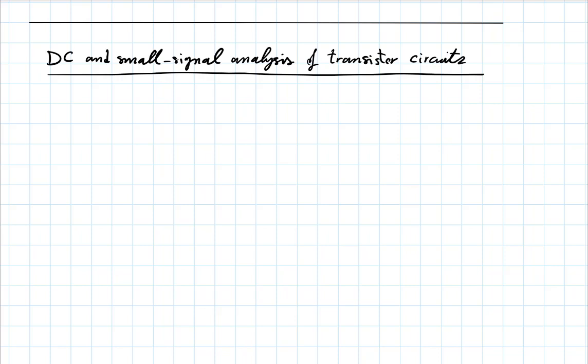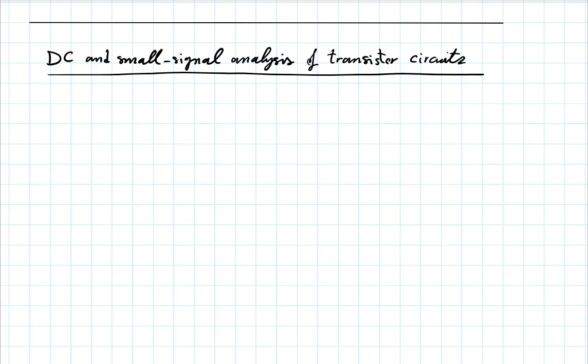The general idea is that, first of all, when you're dealing with a circuit, at any point in time, if you look at a given node, there is a voltage there. Or if you look across any element, there is a voltage difference between every two nodes. And similarly, there is a current.